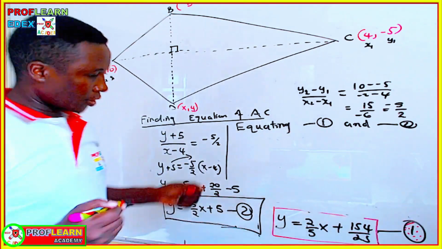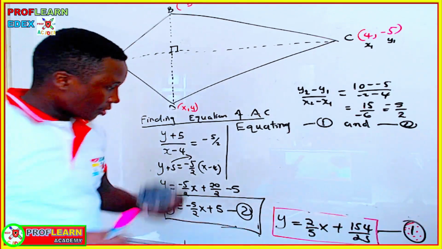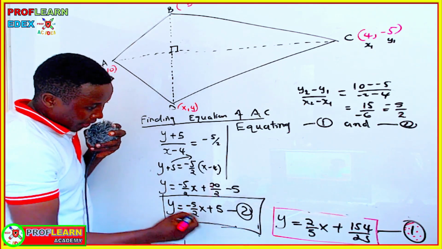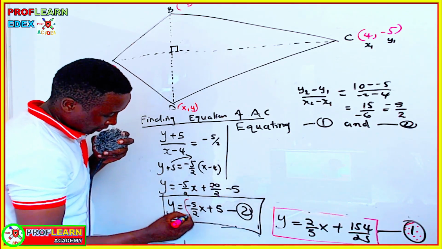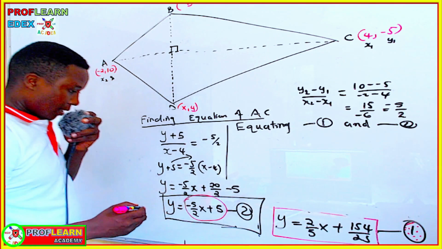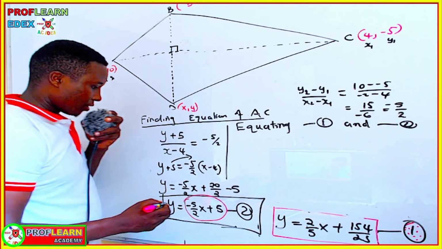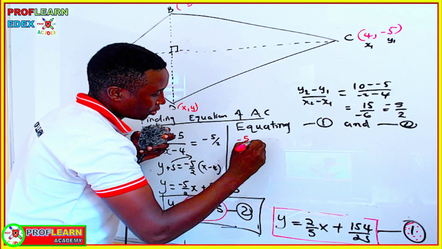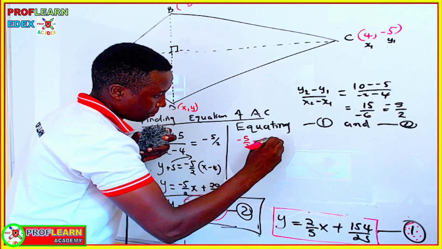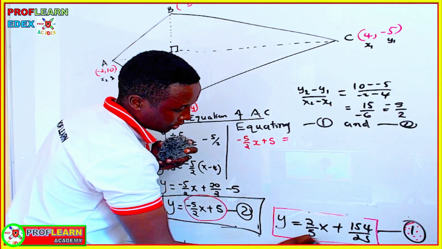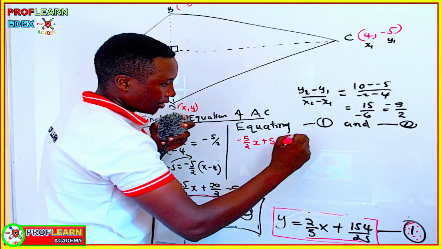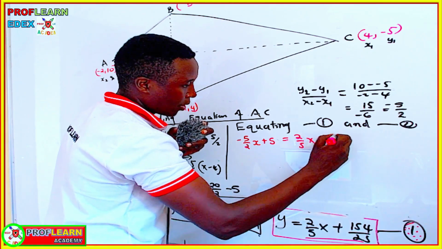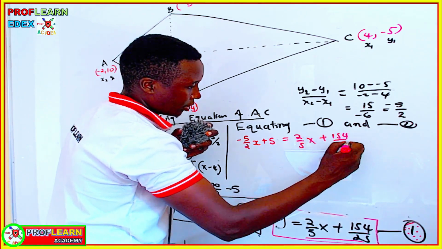Now trying to solve this equation, where we have y, we are going to replace this part. So we are going to say -5 over 2x plus 5 is equal to this part, which is 2 over 5x plus 154 over 25.